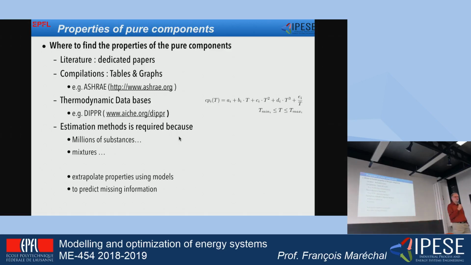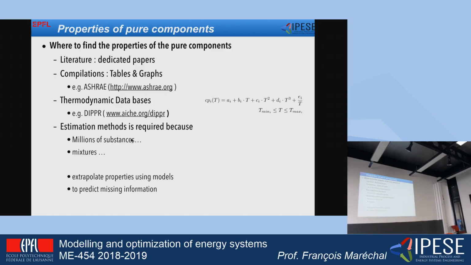I do not have the real number, but it's very huge, because any of your cells has a lot of different chemical compounds. Okay, so it means that we have to be able to extrapolate or to estimate the value of the A and the B that I was presenting before. Okay, in a systematic way.